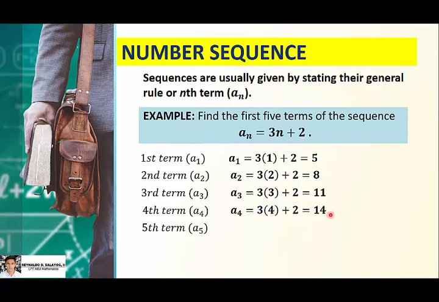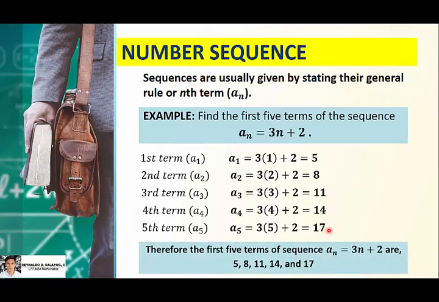And for the last term, we have a sub 5. So here, the value of n is equal to 5. Substitute 5 for the variable n in the given rule: 3 times 5, that's 15, plus 2, gives us 17.